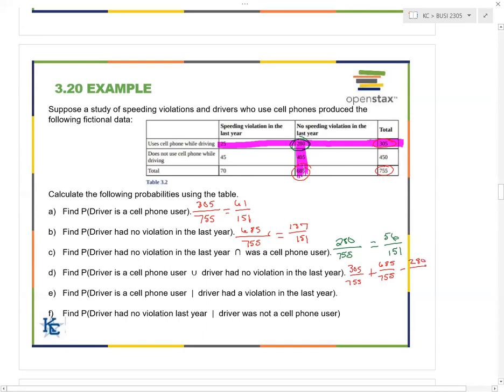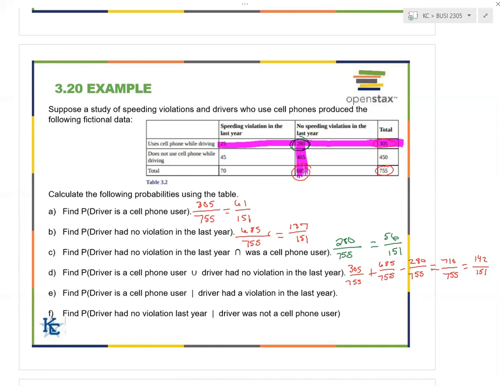So 280 over 755. And so we get 710 over 755, which equals 142 over 151.